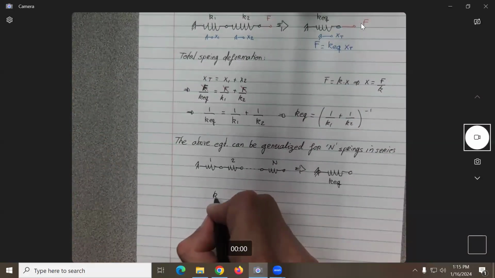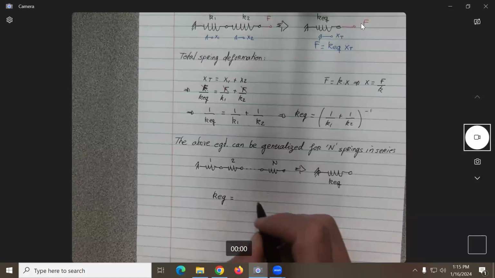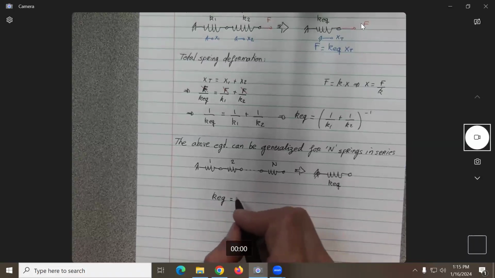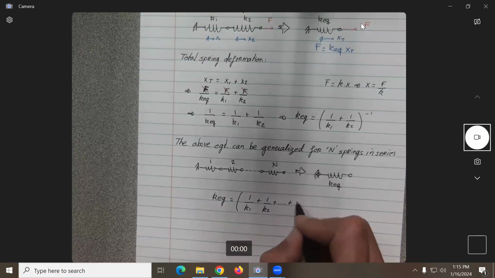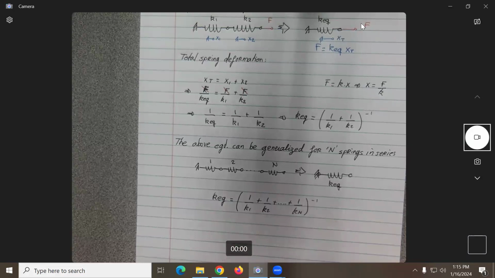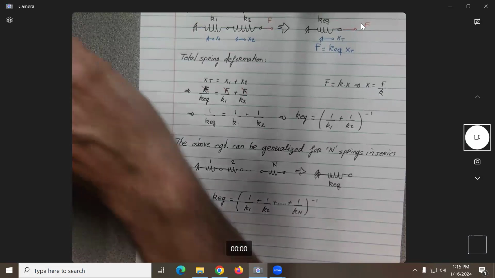So we can say that the K equivalent will be equal to 1 over K1 plus 1 over K2 plus 1 over K sub n, all to the power of minus 1.